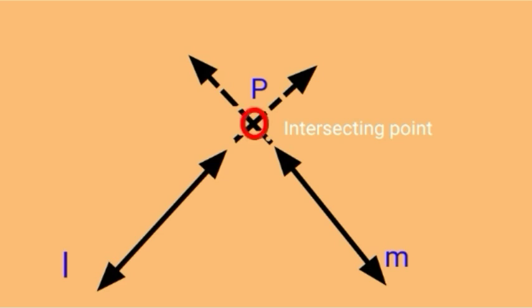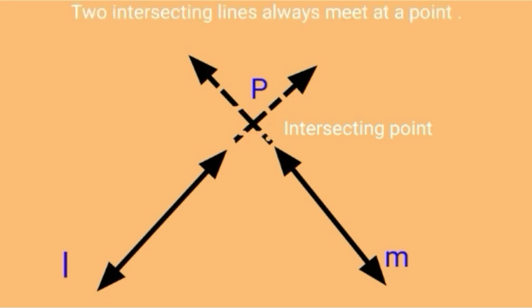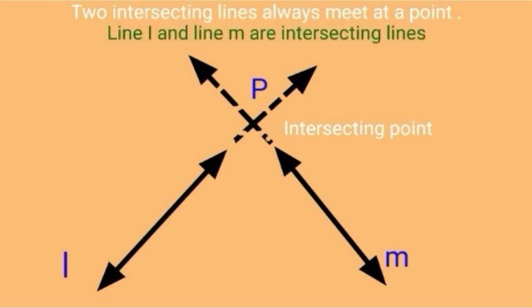So, lines that meet at a common point are called intersecting lines. So, here line L and line M are intersecting lines and P is called the point of intersection.